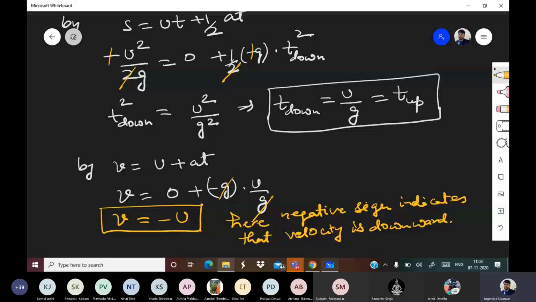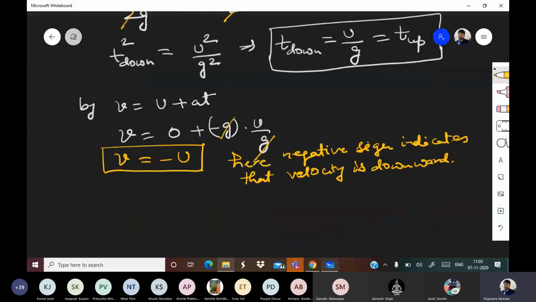Okay, understood everyone? So that is how we talk. Now if we want to know how much is t total, so t total will be nothing but t up plus t down.